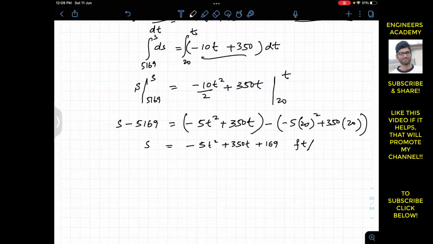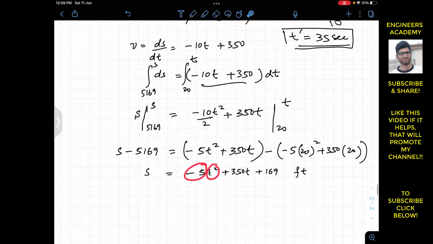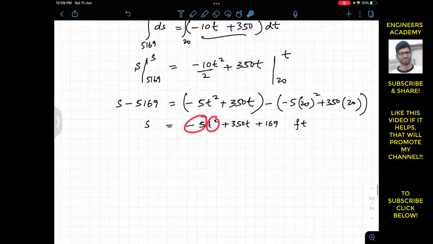This is in feet. And again, as we can see, this is a quadratic equation, a second degree curve, and the coefficient of t square is negative, so we can approximately draw this curve for this particular interval. But before that, first find the s value at t', and t' is 35 seconds.